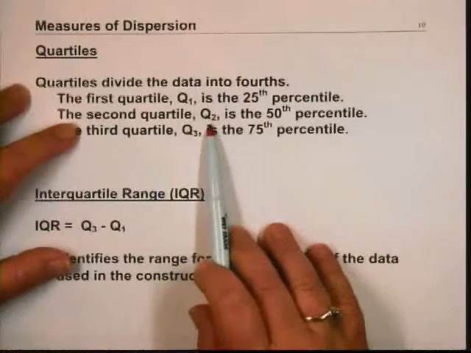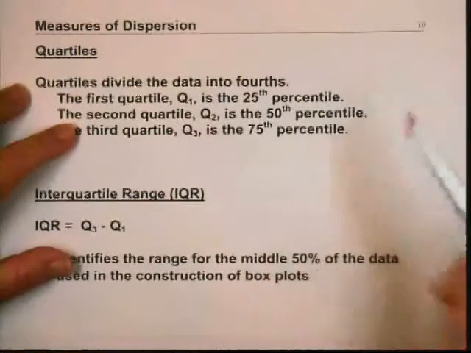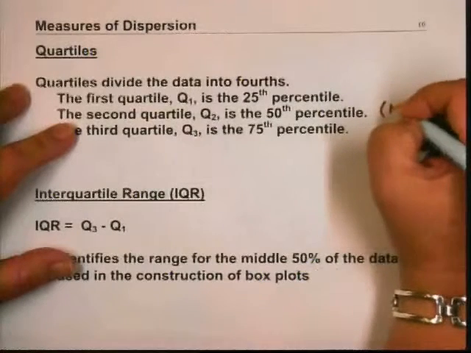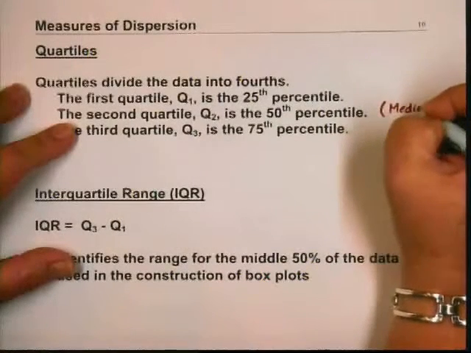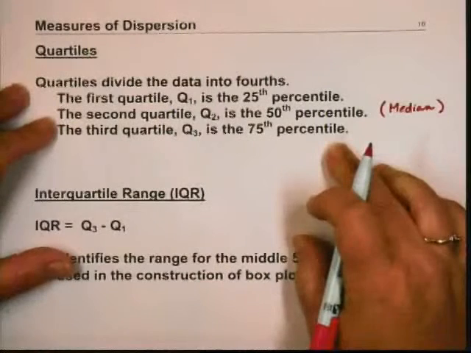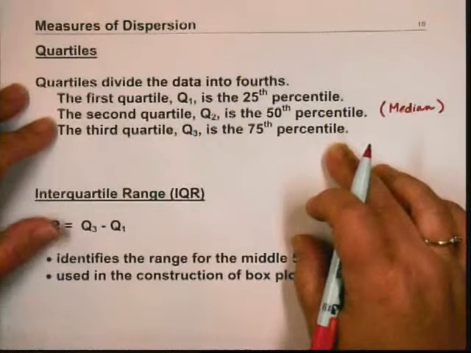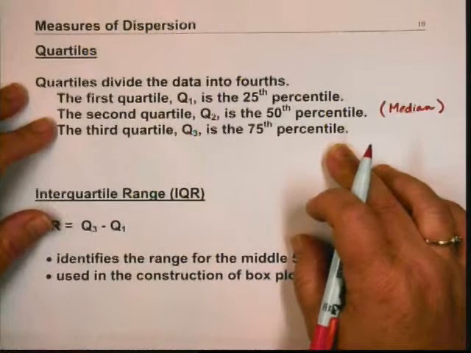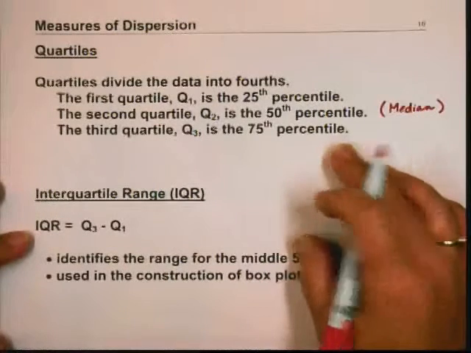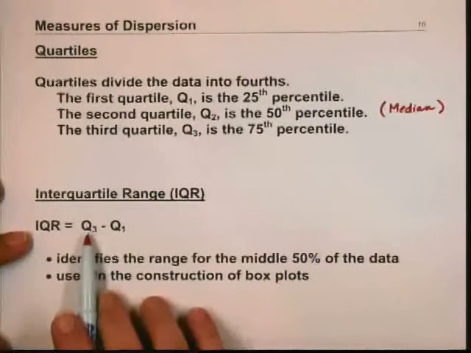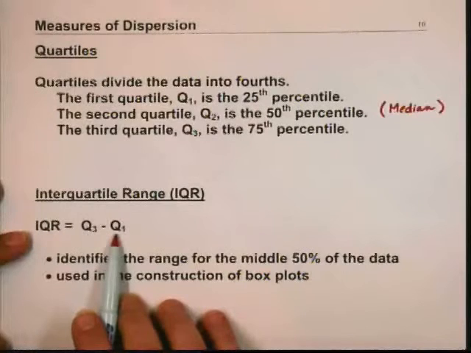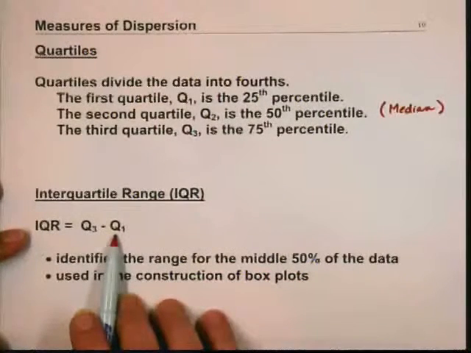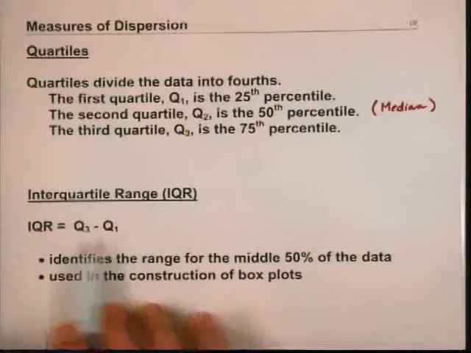The second quartile is Q2, or the 50th percentile. Q2 is also the median. The third quartile then is denoted by Q3, or 75th percentile. Interquartile range is the difference between the third and the first. That says that 50% of the data falls within this distance.